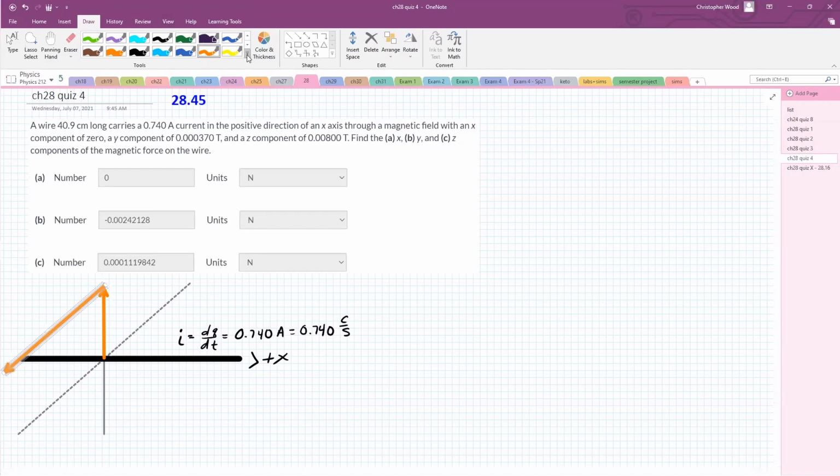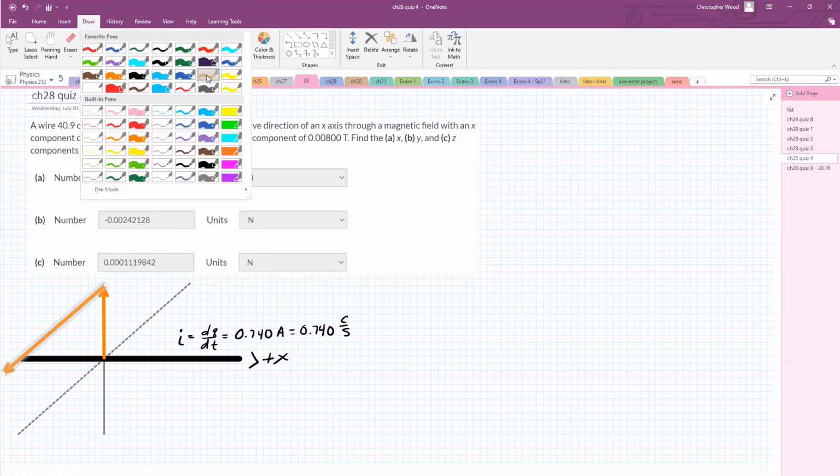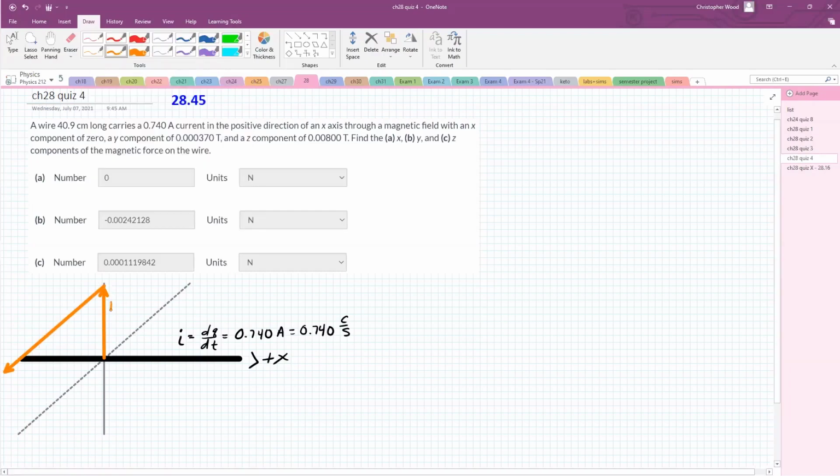So this is my Y component. B subscript Y equals 3.7E-4 Tesla. This is B subscript Z, given as 8E-3 Tesla.